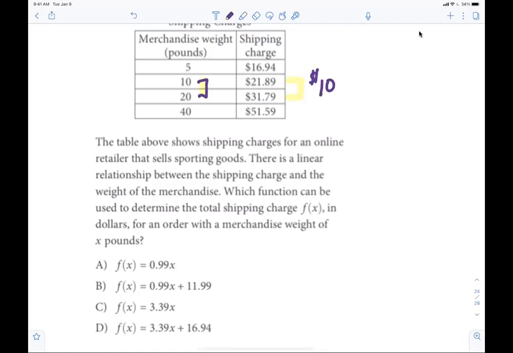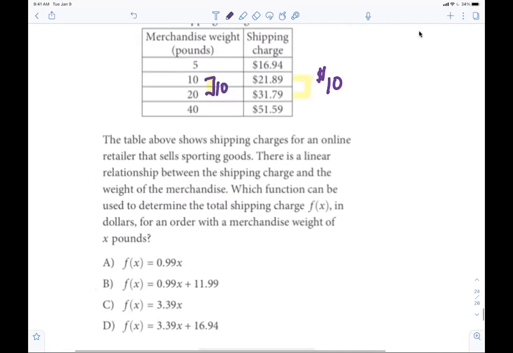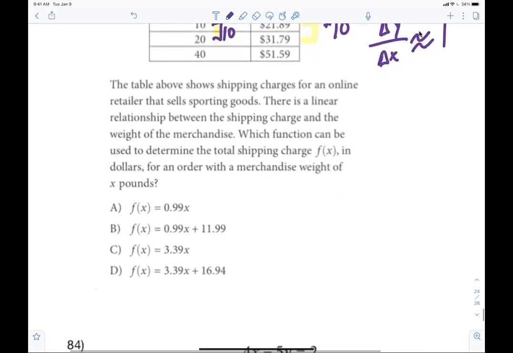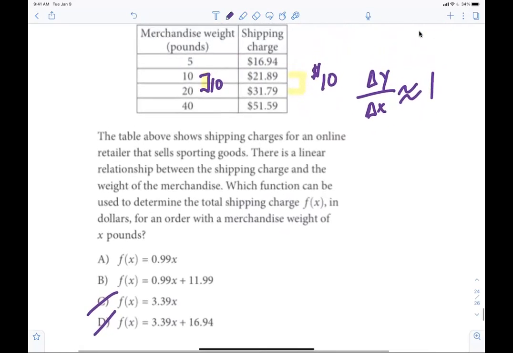The change here was what? 10. So the slope is in fact 1, because slope, remember, is change in y over change in x. So we know it's approximately 1. So right off the bat, we know it's not C or D. Everybody agree?